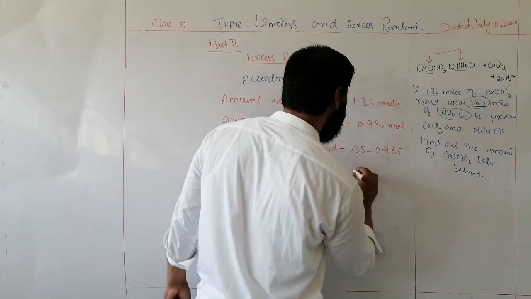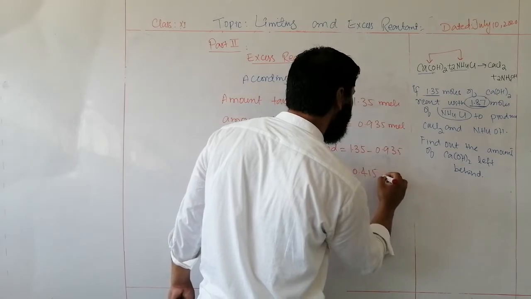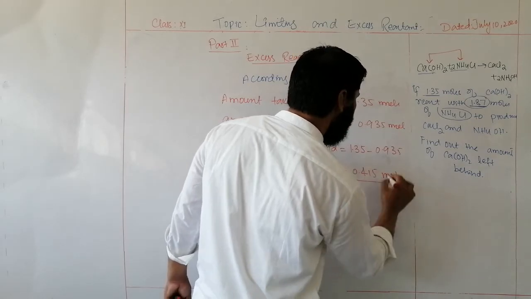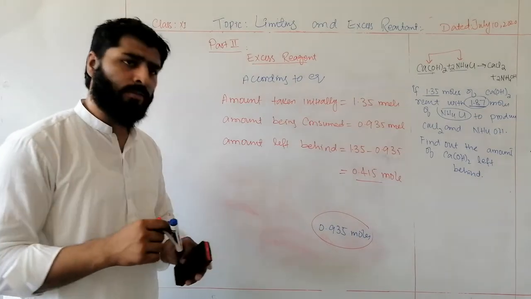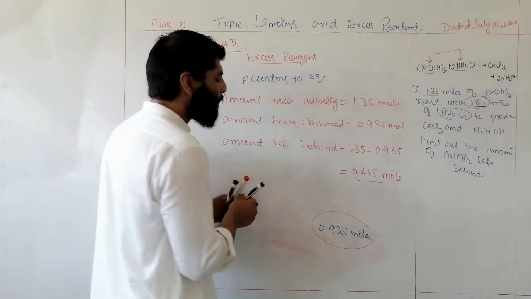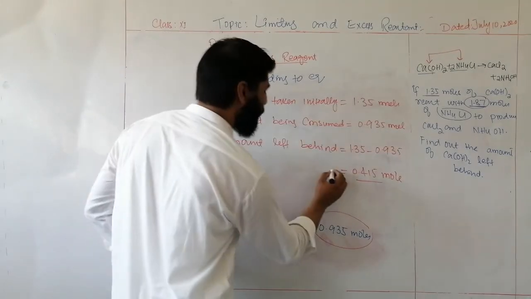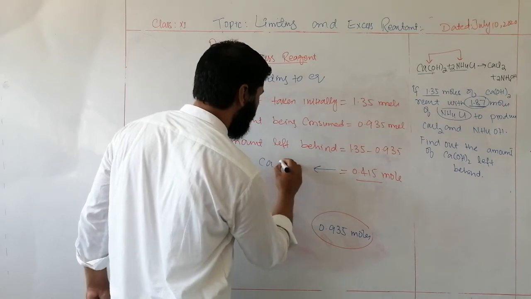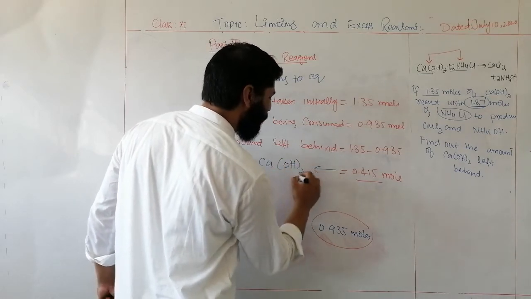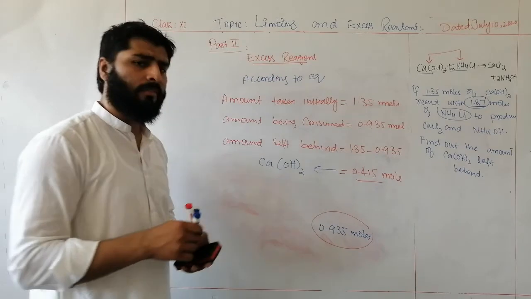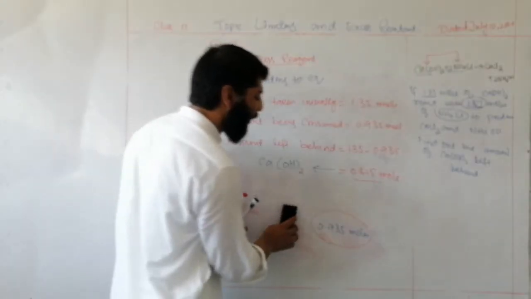It will be 0.415 moles. These are the number of moles of calcium hydroxide which are left behind at the end of the reaction.